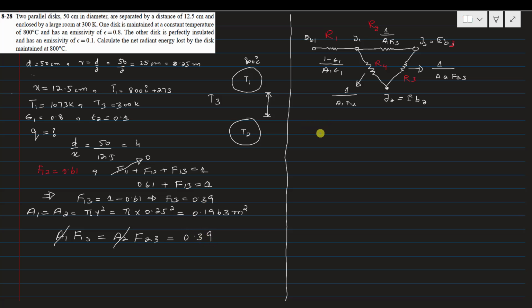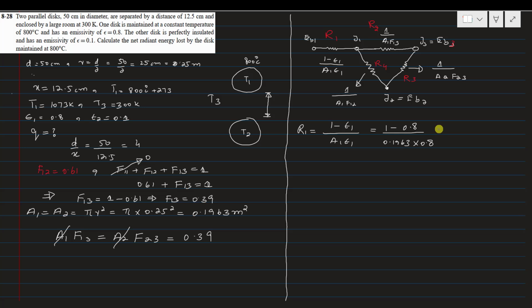So here I will calculate all the resistances used in this resistance network diagram. The first resistance is R1, and its value is 1 minus emissivity 1 divided by area 1 times emissivity 1. Emissivity 1 is 0.8, divided by area, that is 0.1963, multiplied by 0.8.